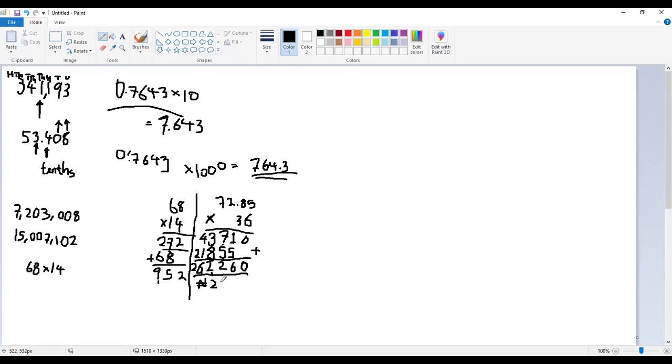Hold on, don't mess it up. How many decimal places are there in the top one? The number of decimal places is the number of digits after the decimal point.